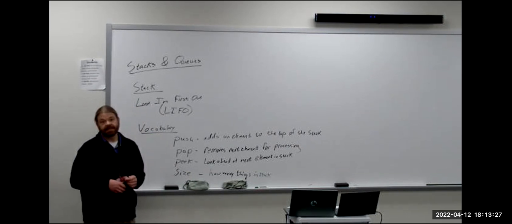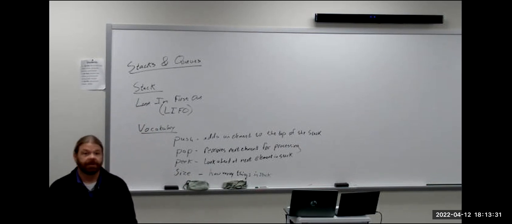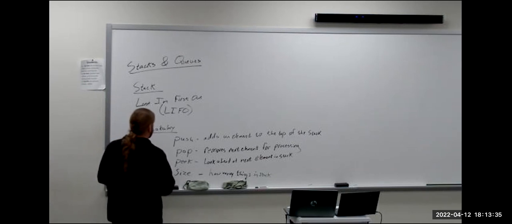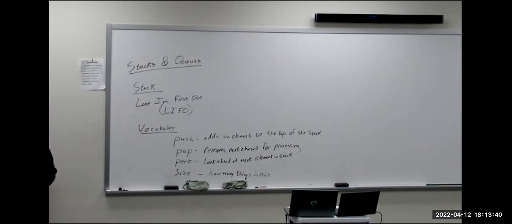So the size is constantly changing. So for one, for loops can be problematic. We usually don't use a for loop on a stack because the size is going to change on us. Things can get added to it.